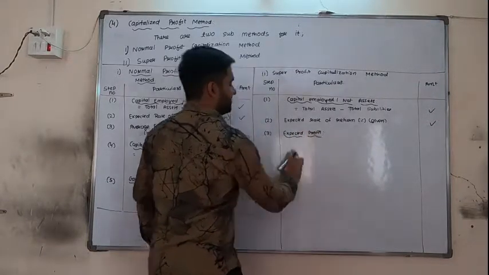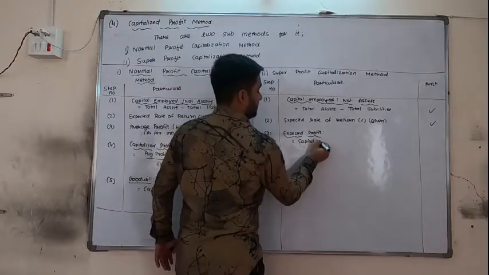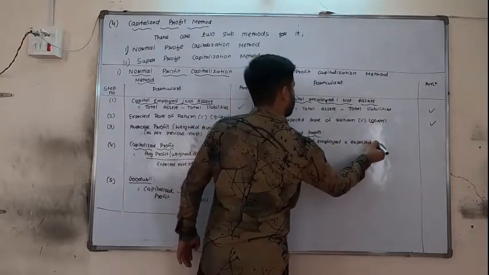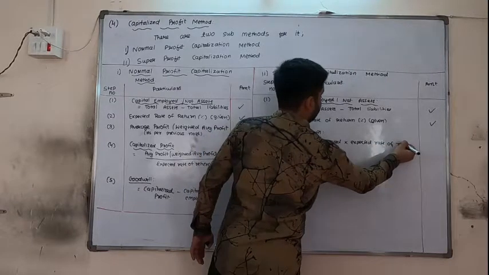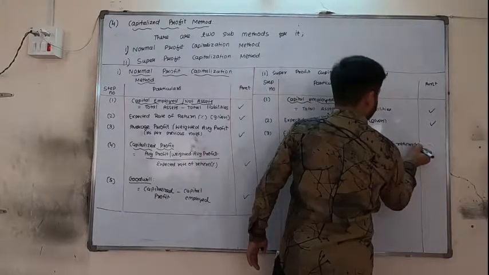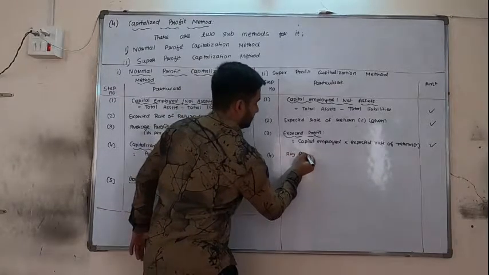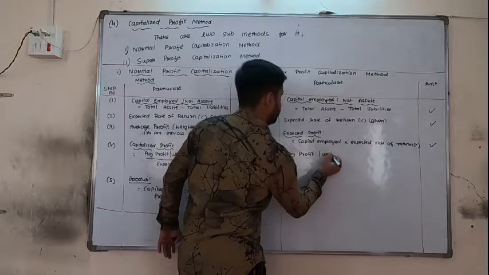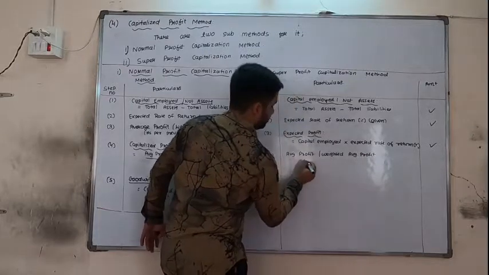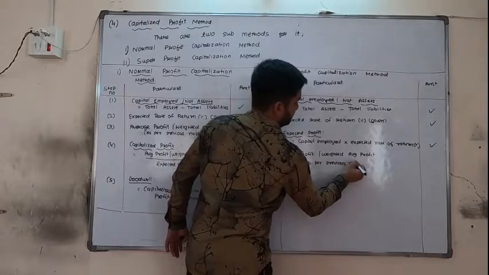In super profit method, yesterday's same step we are writing is equals to first and second step. It is based on capital employed multiply expected rate of return in percentage. Next, number 4 was average profit or weighted average profit as per previous note.